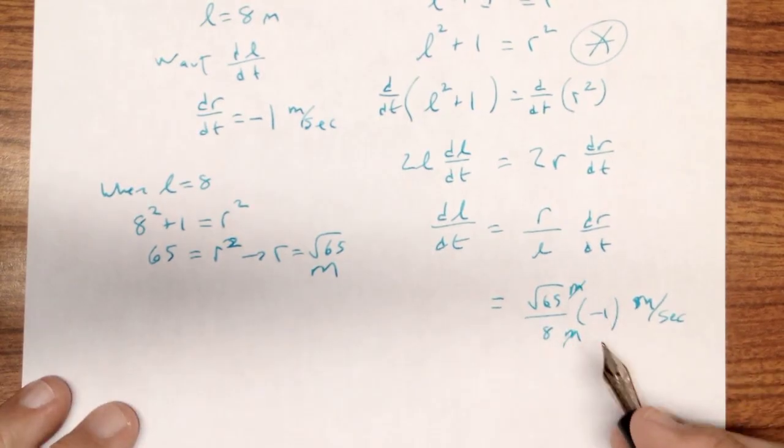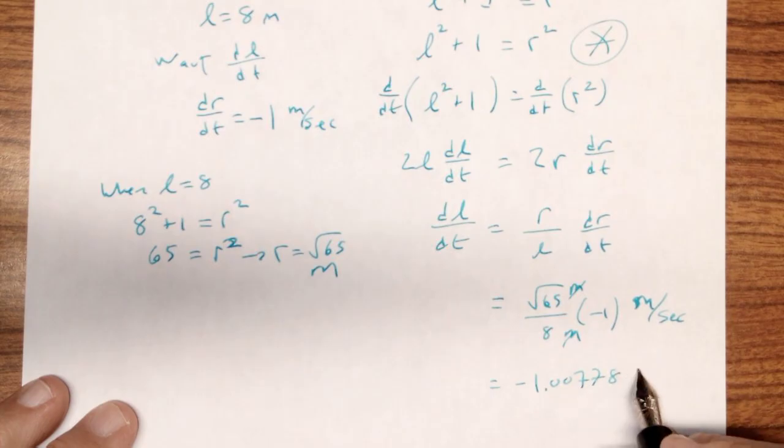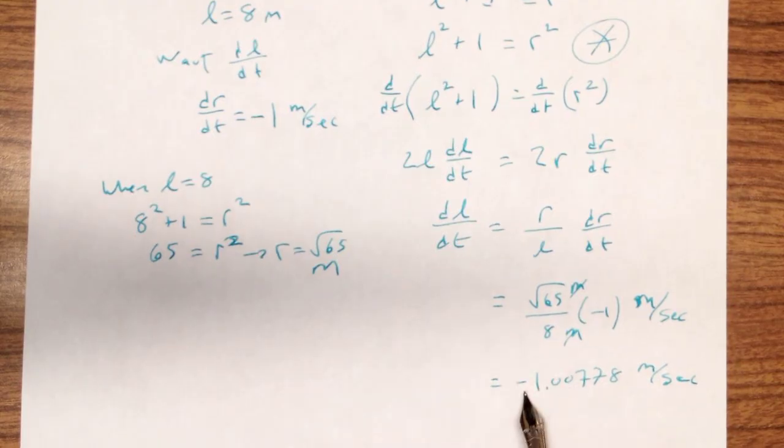Now again, if you give me a decimal here, you get negative 1.00778 meters per second, which means my length L, because this is negative, is getting smaller, just like R was getting smaller. If you had chosen this dr dt to be positive 1, then this would be positive as well. And I'm okay with that.